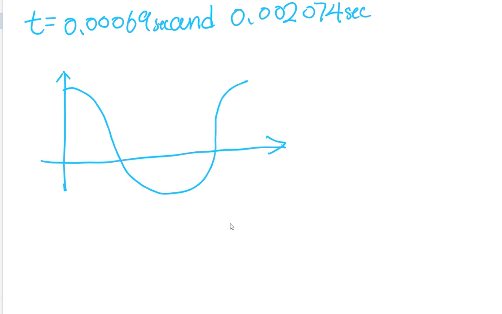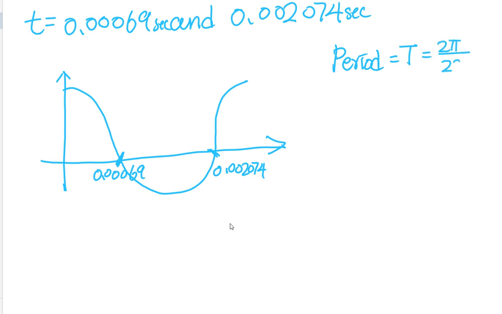Now, we know that these 2 points are 0.00069 and 0.002074. And in one of the previous questions, we also found the period, T, which is equal to 2 pi over 2272, that is 2 pi over b.